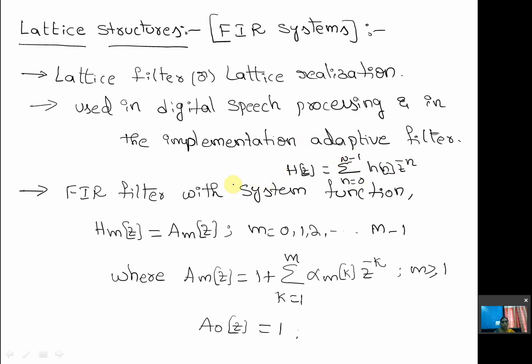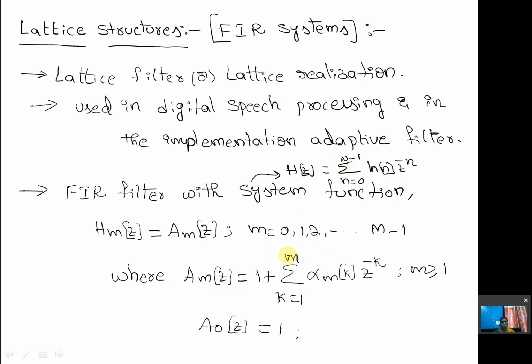I am just writing it in general form. Here we use different symbols, so this one is almost equal to that one. I am just using the variable k instead of n. That's it. Here capital N minus 1 is the upper limit.